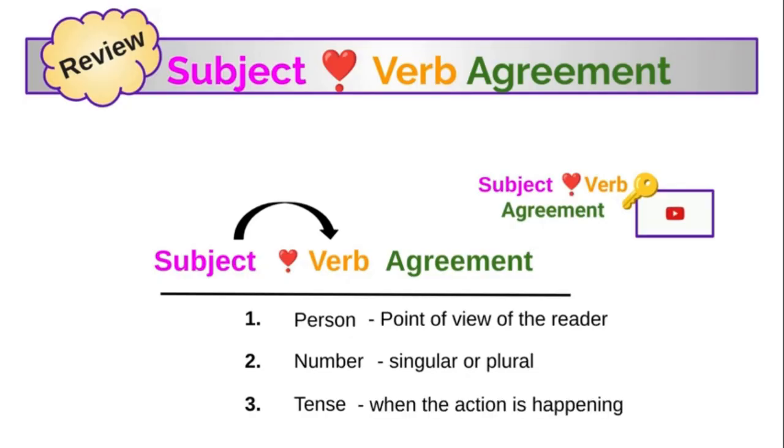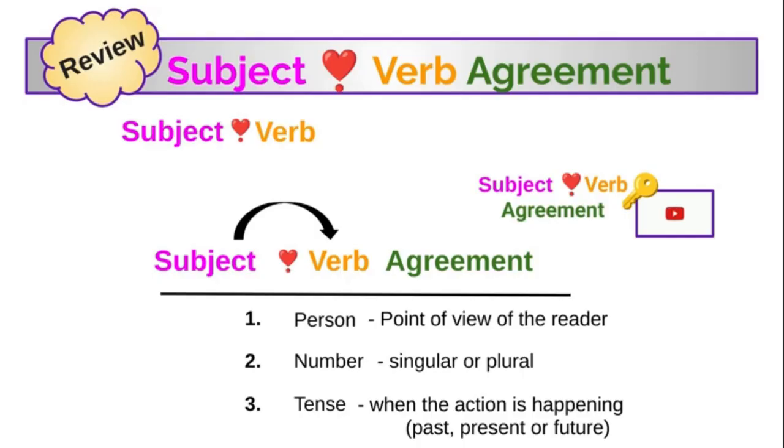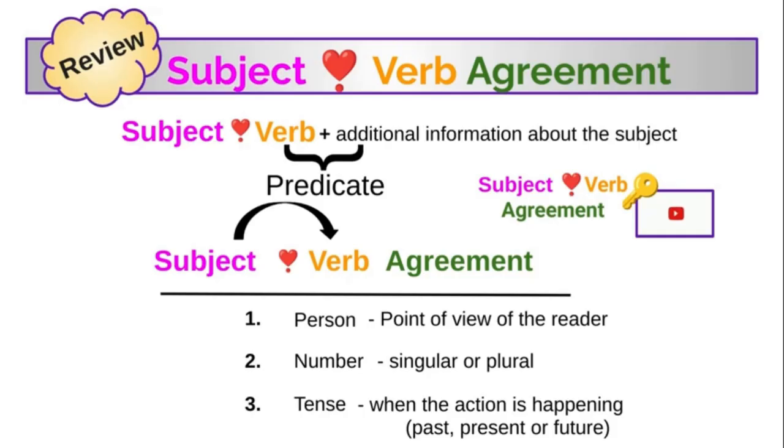Tense is when the action is happening, or by extension, how the action is happening over time. We're talking past, present, or future. Now, a predicate includes the verb plus additional information about the subject.